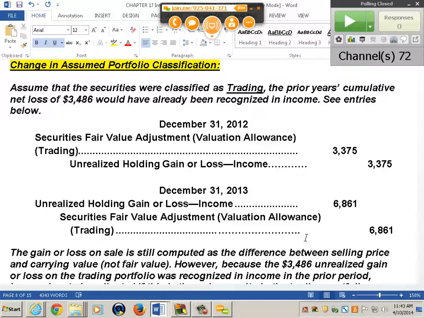363, it should be at that point. So the fair value is on the balance sheet at 186,363. And this is at December 31st of 2013.